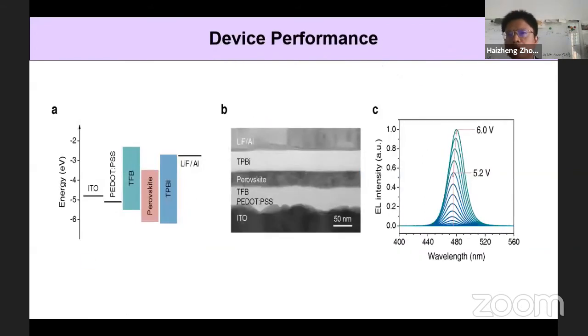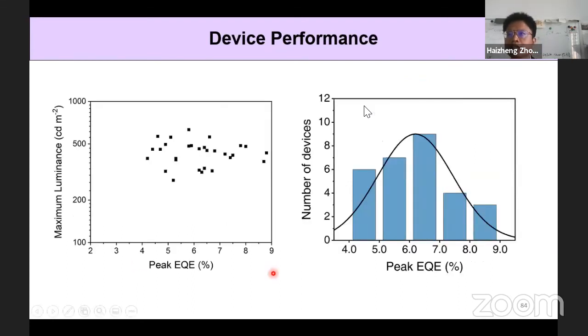And this enables us to fabricate efficient and stable blue-emitting EL devices. We achieved a peak EQE of about 8.8% with an average of 6.4% with good maximum luminance.